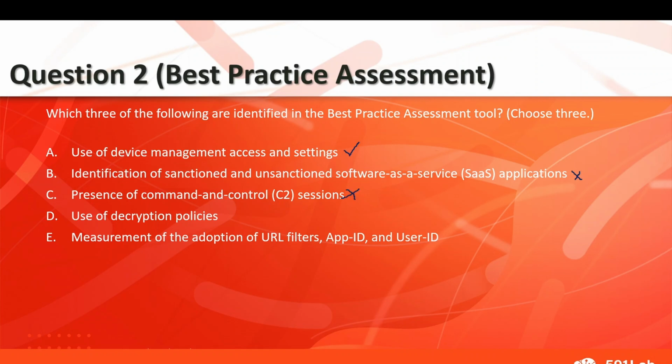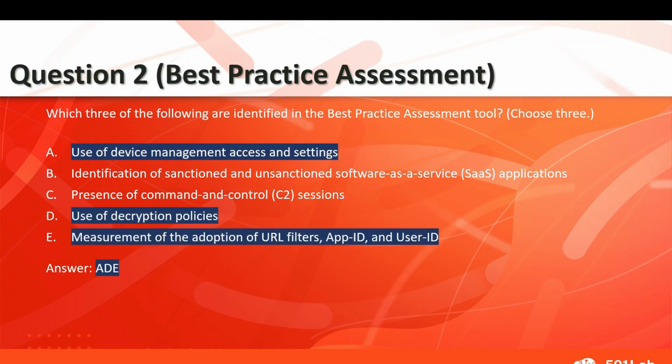It's also not the answer. Or D, use of decryption policy. Yes, we can find the decryption policy used on the firewalls. And then E, measurement of the adoption of URL filtering, File ID and User ID. This is yes, because we can find the adoption rates of the features that we enable.